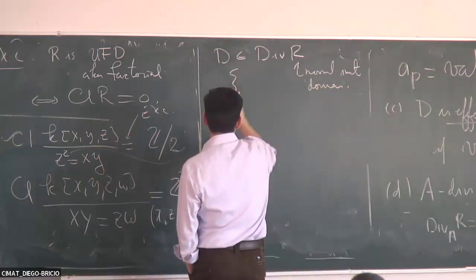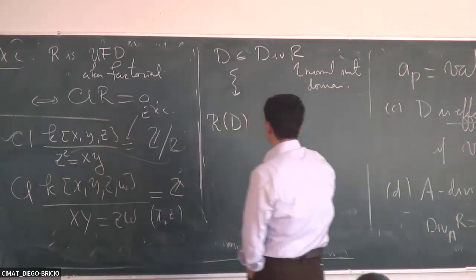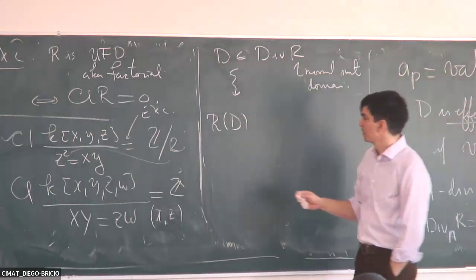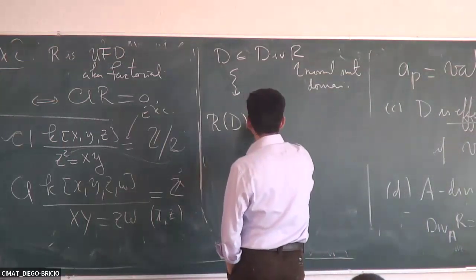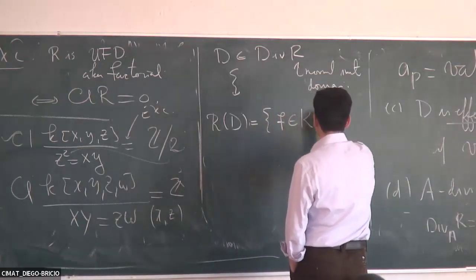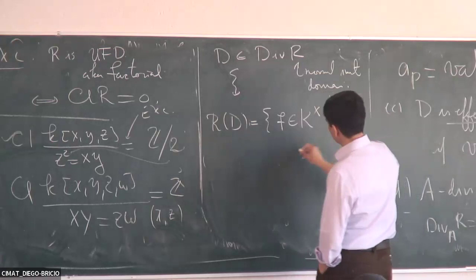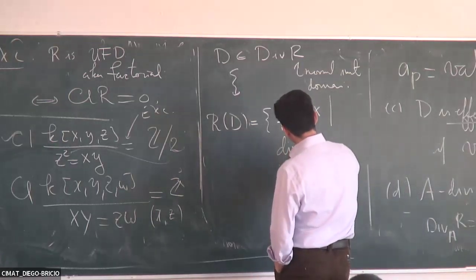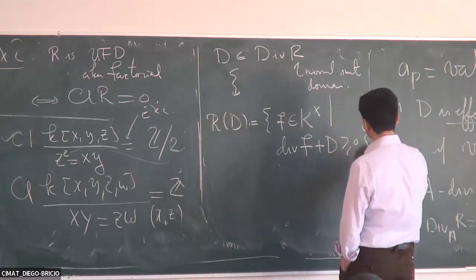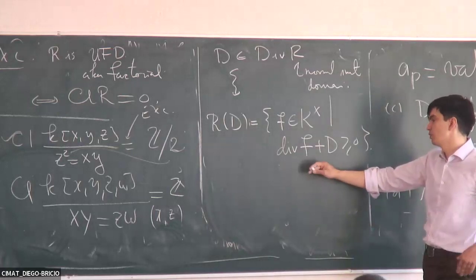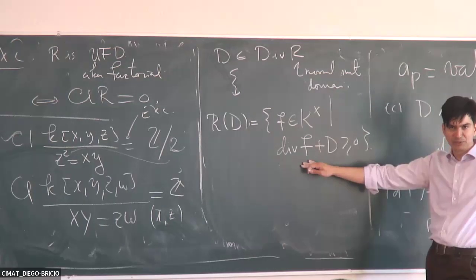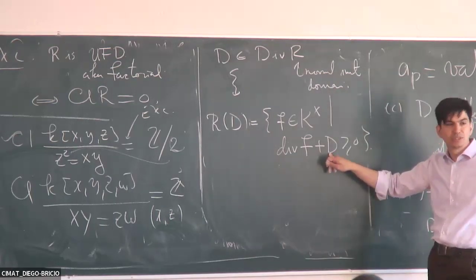Out of this, we're going to define a reflexive module of rank 1. So this is going to be, by definition, all the meromorphic functions f such that the principal divisor of f plus D is effective. So you can think here that you are prescribing meromorphic functions. That's the algebraic way to do it, you know, like with prescribed poles and zeros.